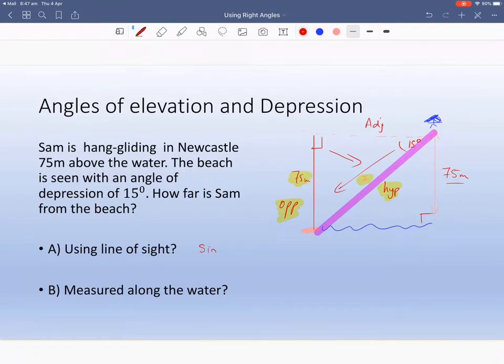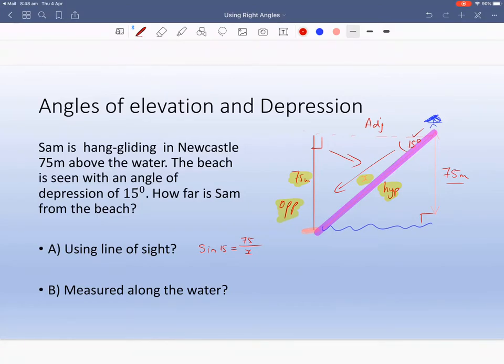So it's going to be sine. And we know the angle. What is it? 15. So sine 15 is equal to opposite, which is 75, over hypotenuse, which is x. Which I've labelled x because we're drawing this in. So we just need to find how far line of sight Sam is from the beach.